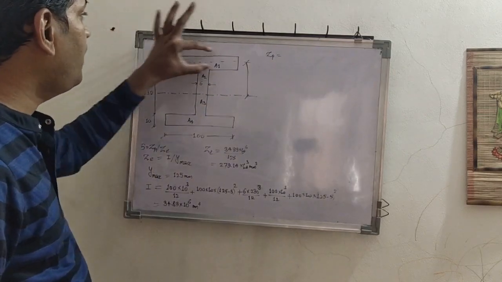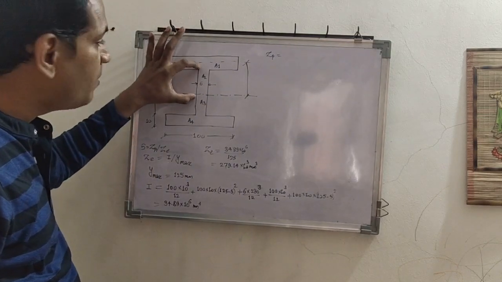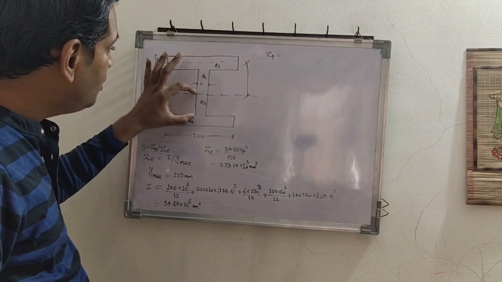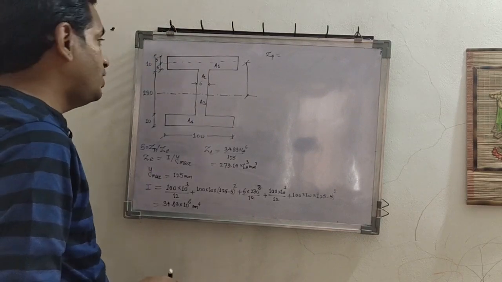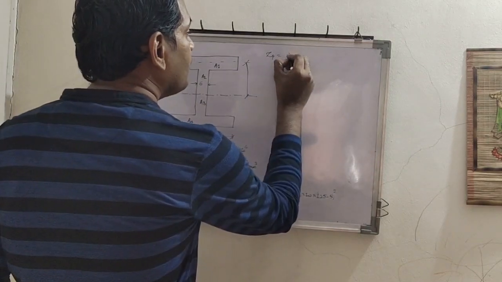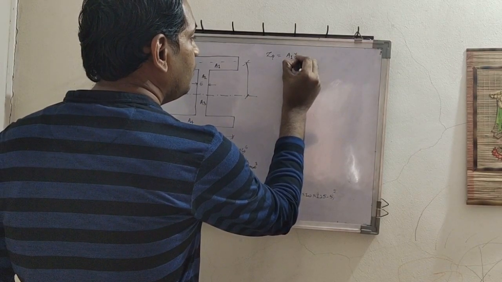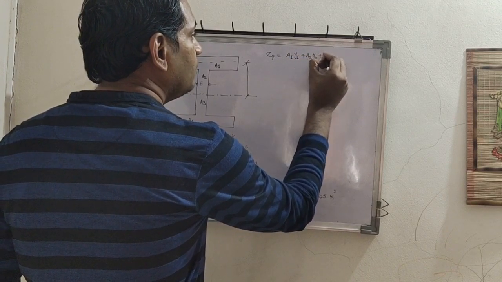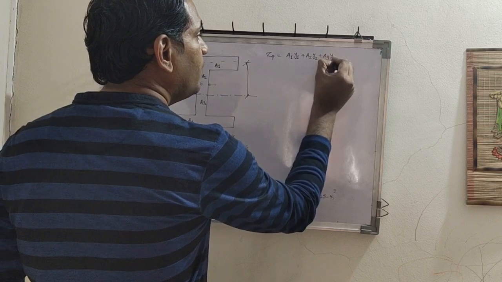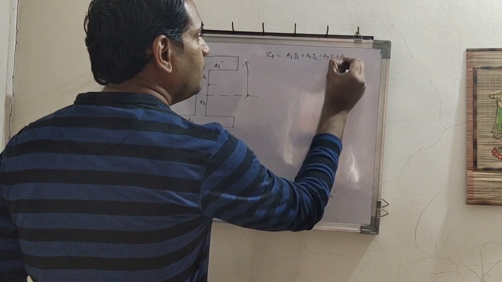So A1 is this flange, A2 is this part of the web, A3 is this part of the web, and this is A4. Okay, so our ZP is equal to A1 Y1 plus A2 Y2 plus A3 Y3 plus A4 Y4.